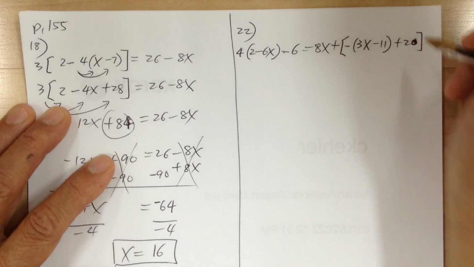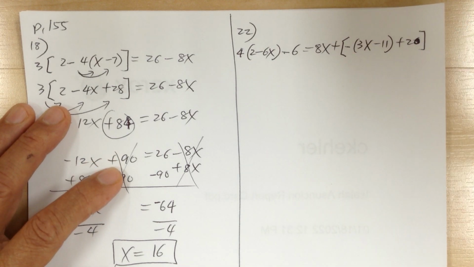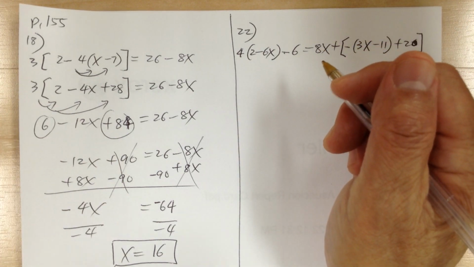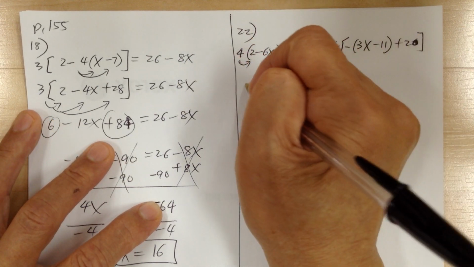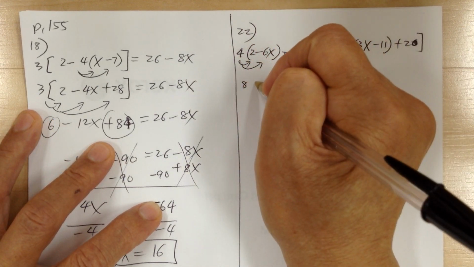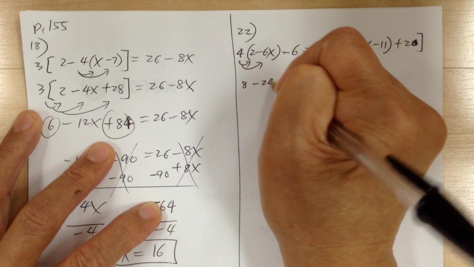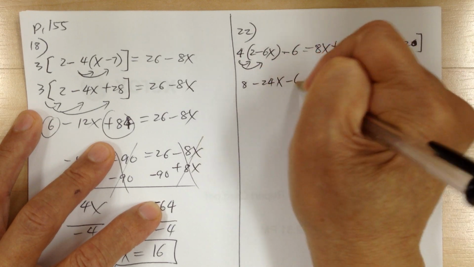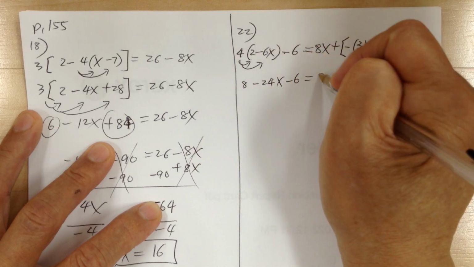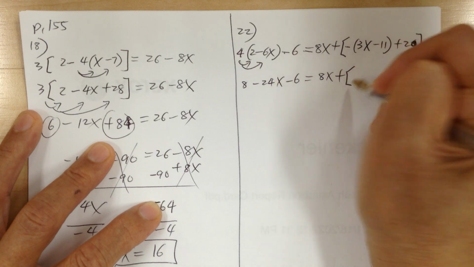Okay, so first let's go and undo the parentheses. So let's go and multiply. And 20 minus 24x and minus 6 equal to 8x plus.